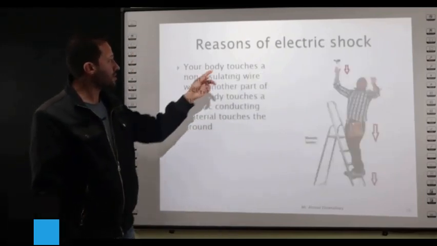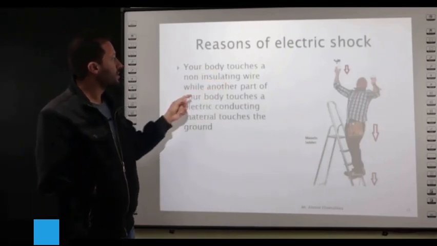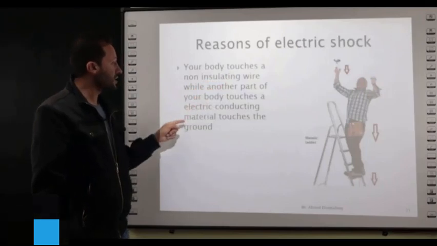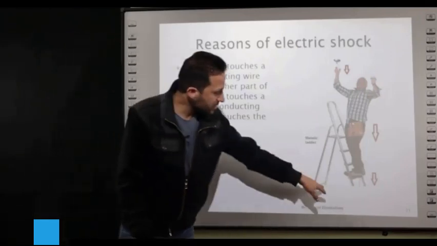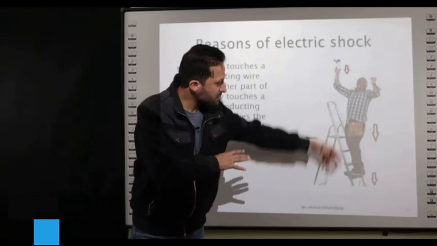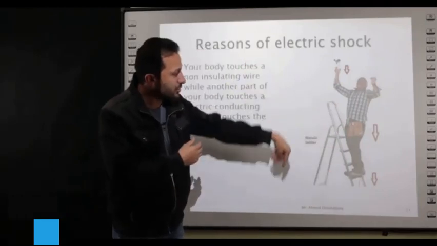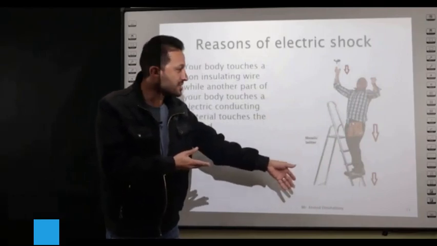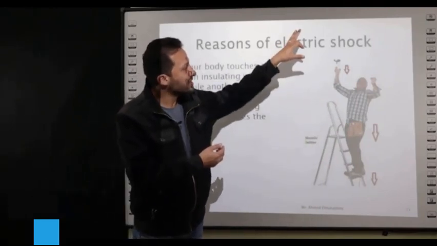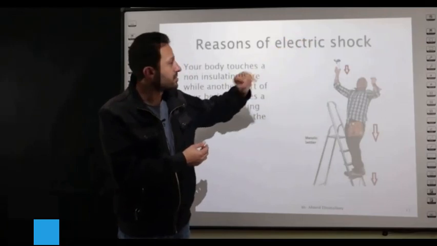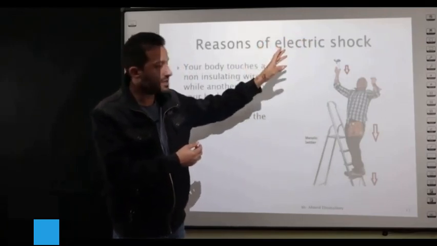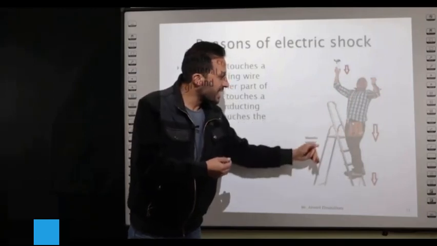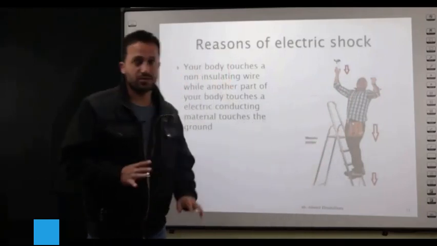Number two, your body touches a non-insulated wire, while another part of your body touches an electric conducting material that touches the ground. In this picture, this man is standing on a metallic ladder. So a metallic ladder is a good conductor of electricity. So when he touches the non-insulated electric wires, the electric energy will pass through his body to the metallic ladder to the ground.